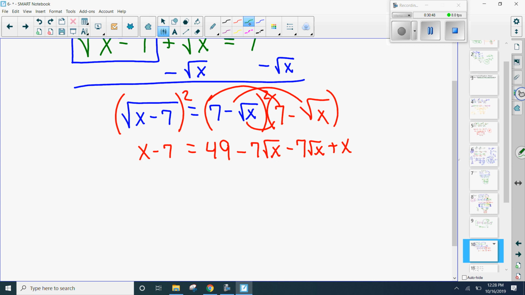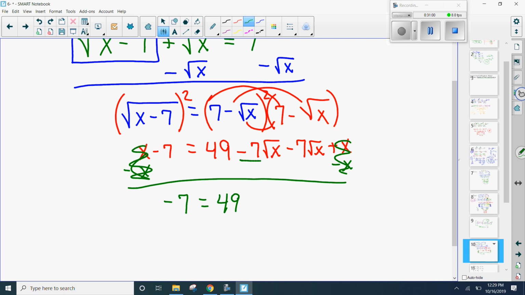Now, is it okay if I subtract x from both sides right here? Yeah. They're going to cancel, right? They're gone. So now if you simplify, you have negative 7 is equal to 49, and I can group these two terms together to give you negative 14 radical x.